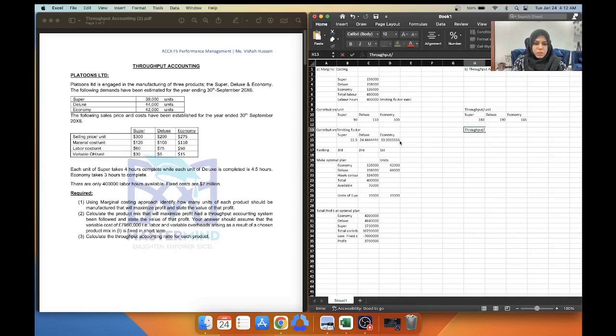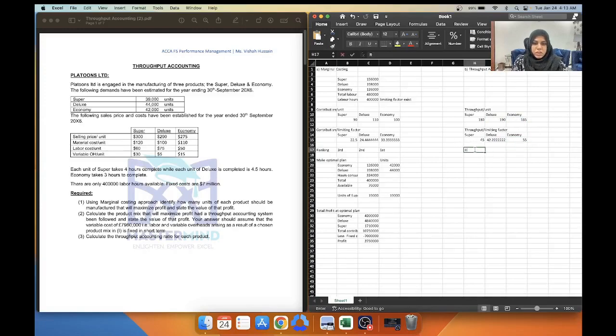Throughput per limiting factor needs to be computed. So again, you have the throughput, divide that by 4 for super, 190 divided by 4.5 for deluxe, and 165 divided by 3 for economy.